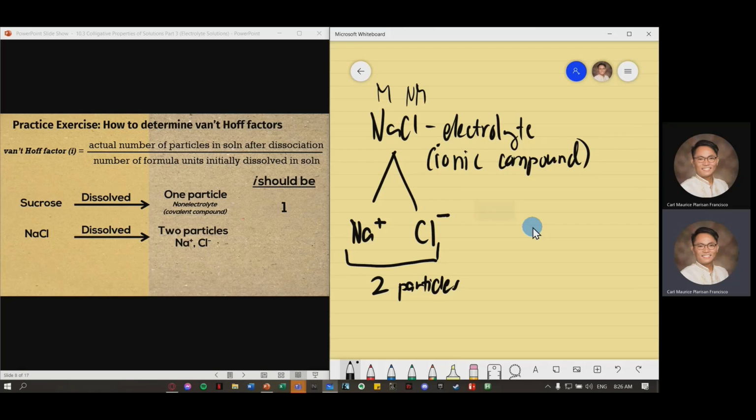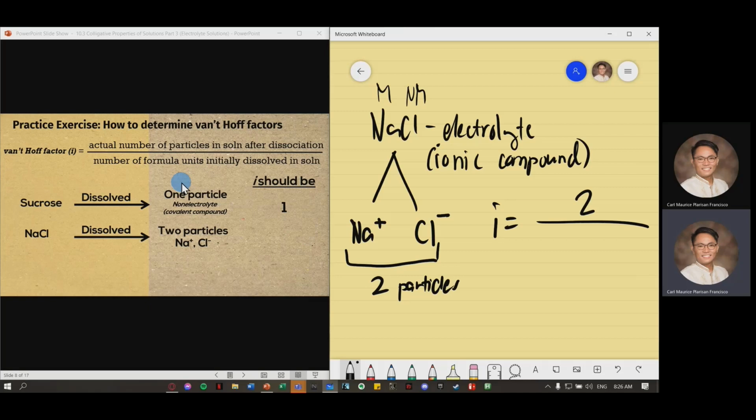Okay? So ngayon, gamitin natin ngayon yung formula. Actual number of particles in solution after dissociation. Ang numerator natin, ilan daw ang particles after dissociation? So after dissociation, ilan ang particles na na-form? Dalawa ito. After the dissociation of NaCl, we have 2 particles. How about the denominator?